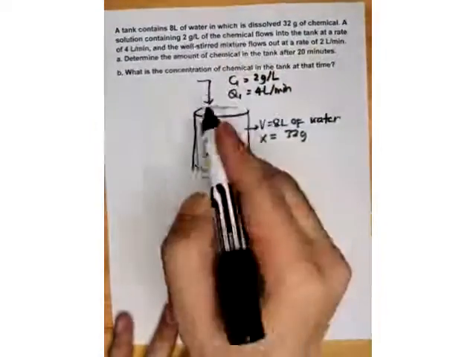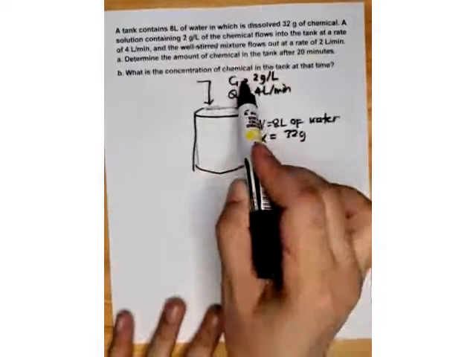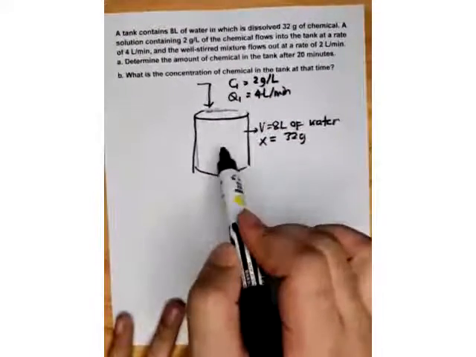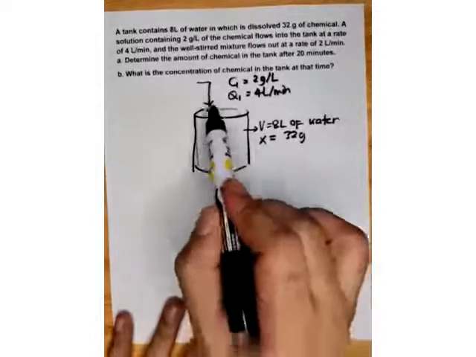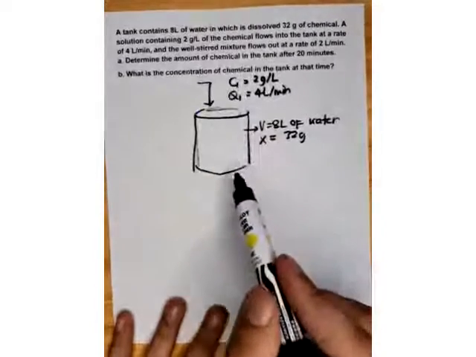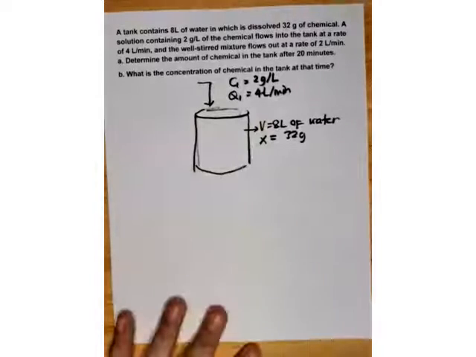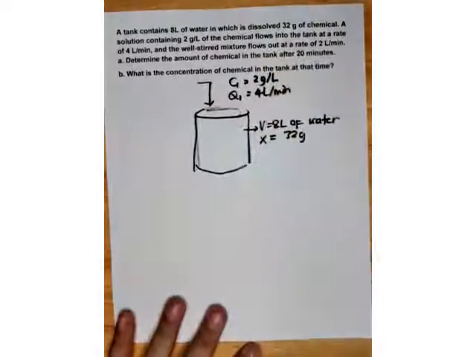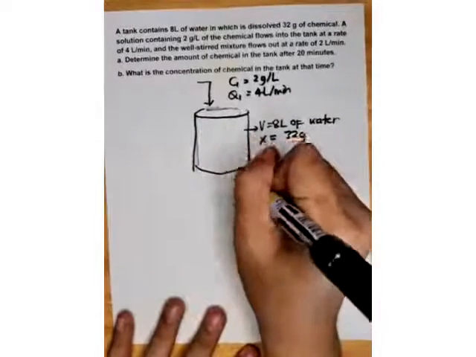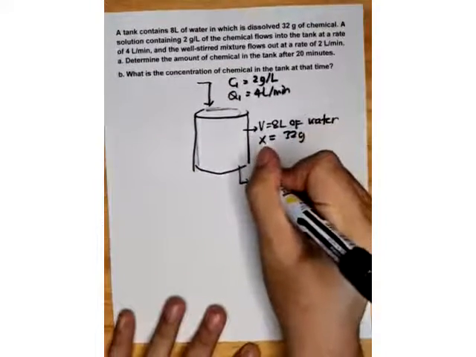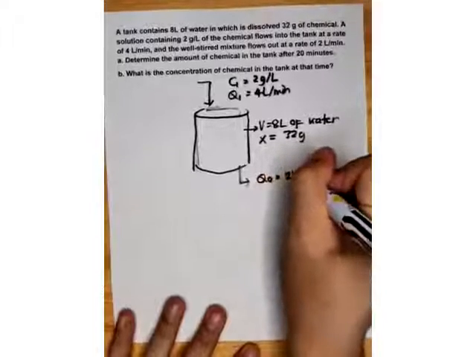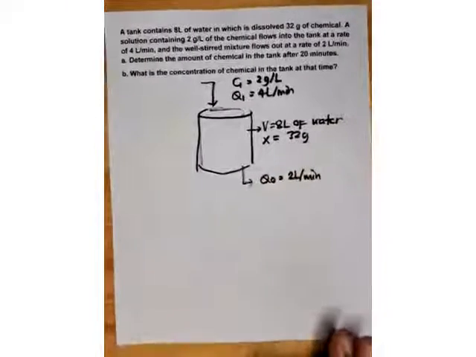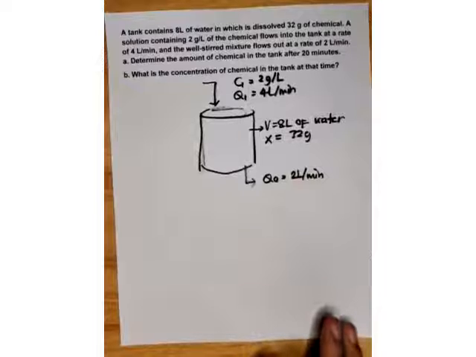So this concentration and rate enters the tank, and then this is well stirred, and then yung chemical na lumalabas flows out at the rate of 2 liters per minute. So yung ating Q out ay 2 liters per minute.